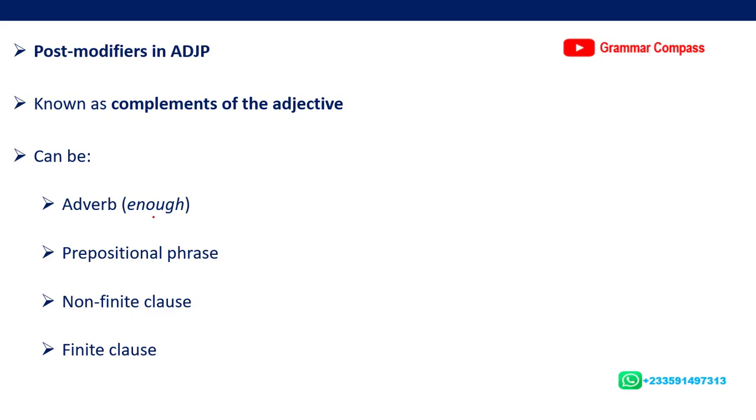The qualifier can also be a prepositional phrase. It can be an infinitive clause and it can be a finite clause. All of them should occur after the adjective head as a qualifier before we say it is post-modifying that adjective head. Let us break down how these elements can occur as post-modifiers in the adjective phrase.